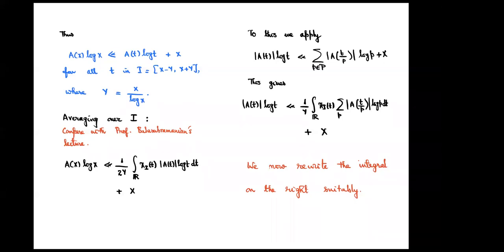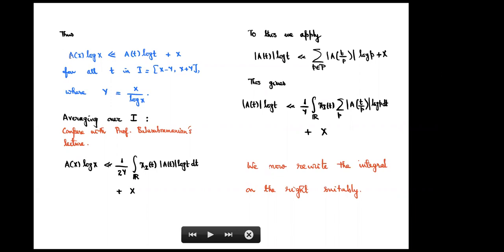So f of x minus f of t is bounded by, in our case, this x. So I know that mod f of x is less than mod f of t plus x. That's the situation I am in. I want to take advantage of the fact that this is true for all t in I.